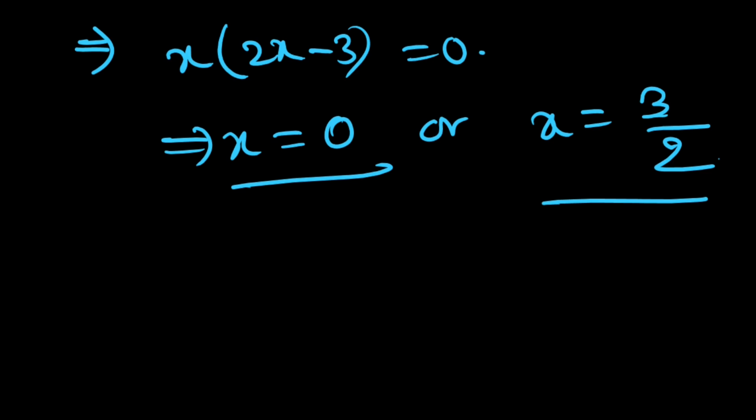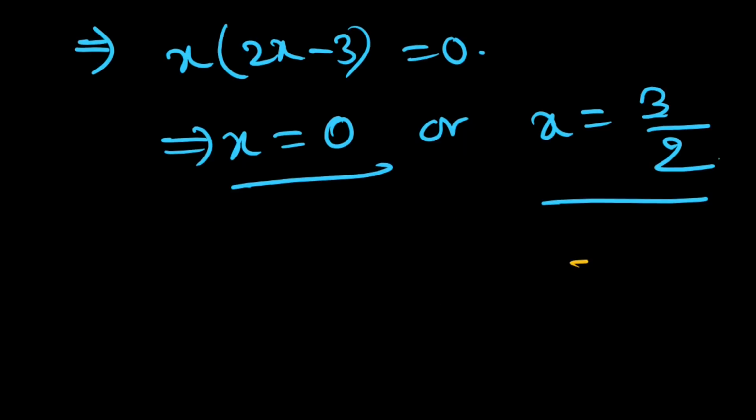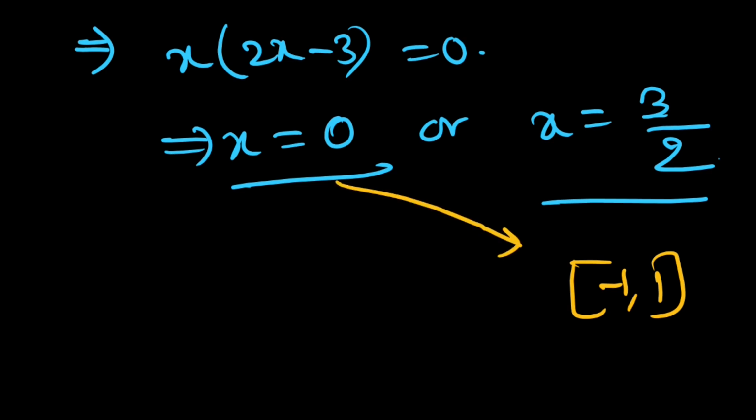Now the question is, are these two values solutions? If you carefully observe this equation, it involves sine inverse x and cos inverse x, whose domain is minus 1 to 1. So if x belongs to this range, then it will be a solution.